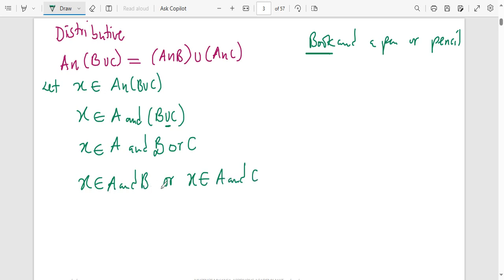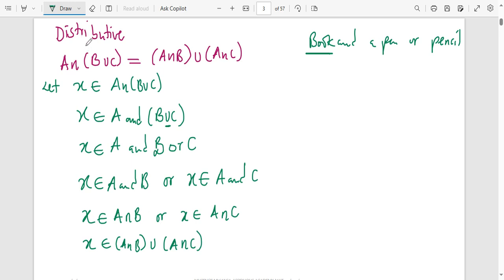So I can go with A and B, or I can go with A and C. This means that X is a member of A intersection B, or X is a member of A intersection C. This means that X is now going to be a member of A intersect B, where there is O, I'll put union, and then I'll write the other side A intersect C. So what we have just shown, remember this is the left hand side, this is the right hand side, is we started with the left hand side.